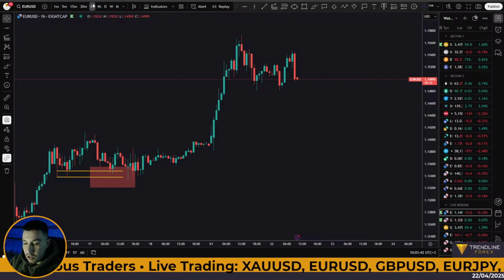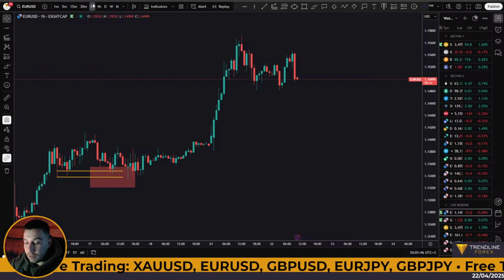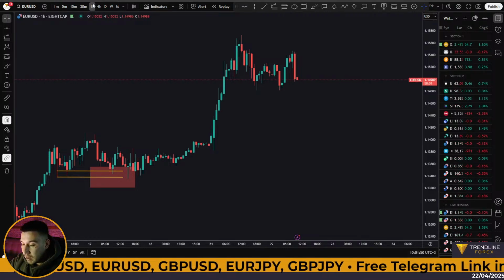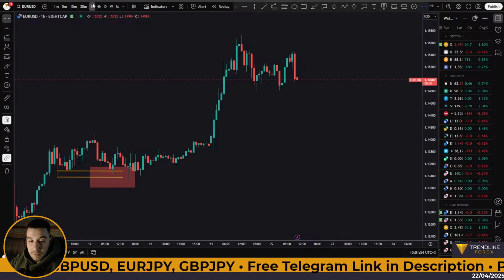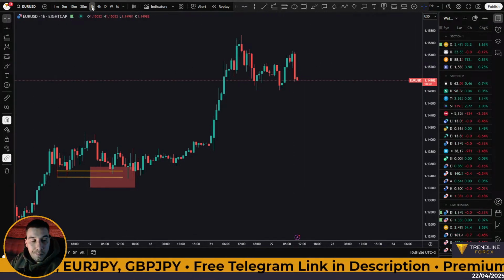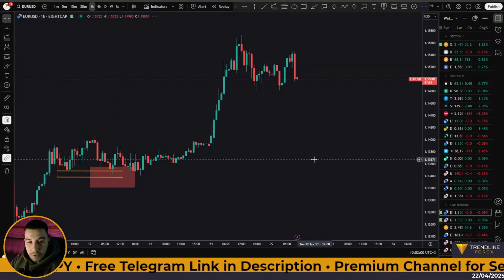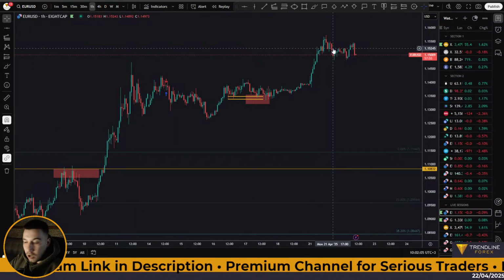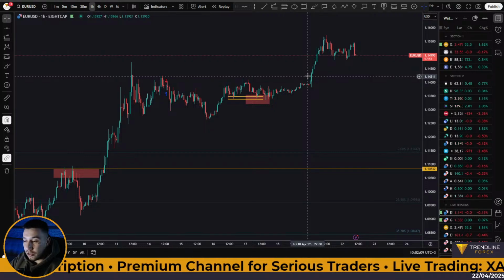In most cases I would wait for price to give me the setup that I really want to see, and if I get something else I would probably not take the trade. But in this case it's a bit different, just because if you look at the 1 hour time frame, we've already had a few confirmations that the market is most likely going to continue bullish.